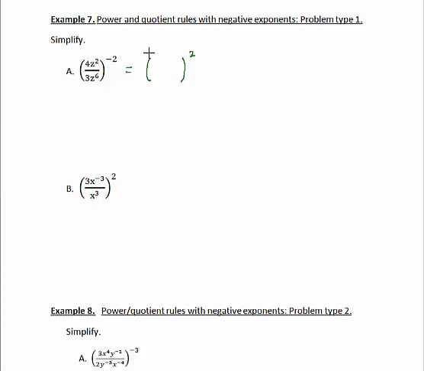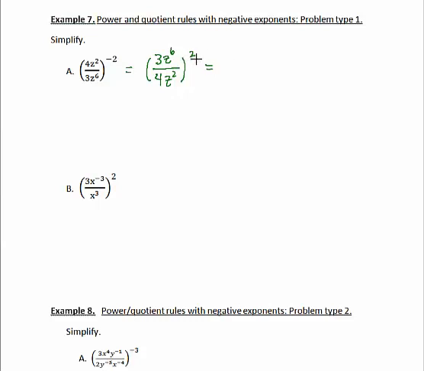We can just change the sign of the 2 on the outside of the parentheses and flip the fraction on the inside. And so the 3z to the 6 moves to the numerator, and the 4z squared moves to the denominator. And now we no longer have negative exponents.